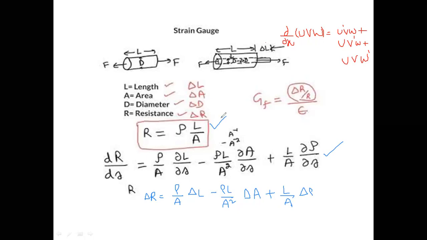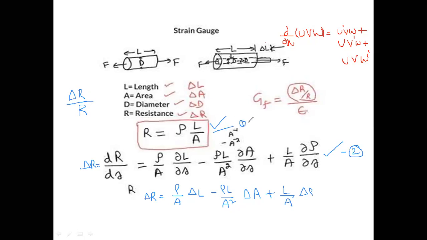So I need change in resistance, delta R, by original resistance R, delta R by R. So this is delta R, isn't it? Change in resistance by original with respect to stress. This is delta R. This is R. So let us put this equation 2. This is equation 1.